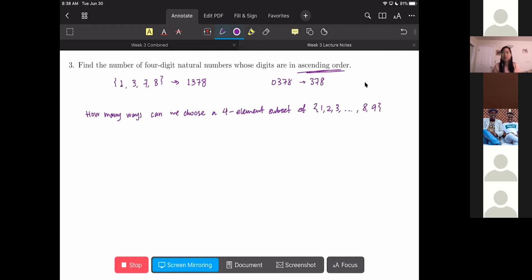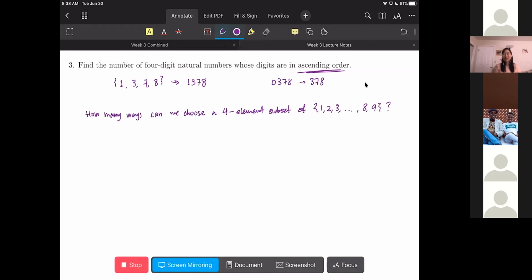Does everyone see why these are equivalent problems, or does anyone have any questions about this reasoning? Because once you see this, then this has been reduced to a problem we already know how to solve. Okay, no questions.